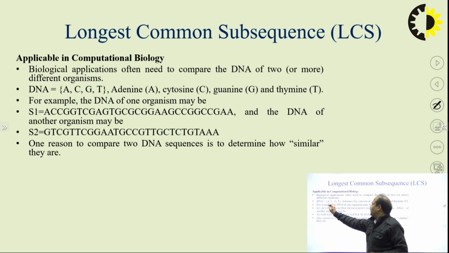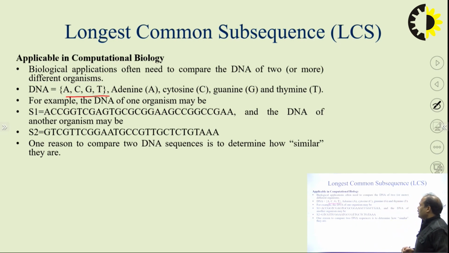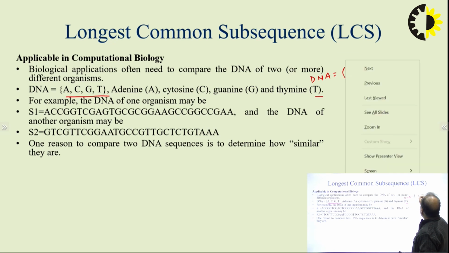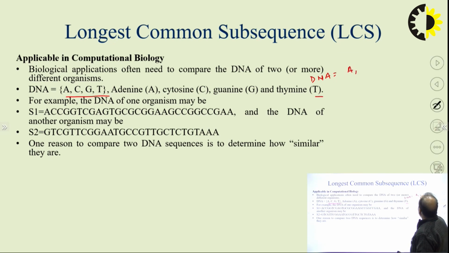For example, DNA is defined on the alphabet ACGT, where A stands for adenine, C stands for cytosine, G stands for guanine, and T stands for thymine. So any DNA sequence is a string over ACGT.